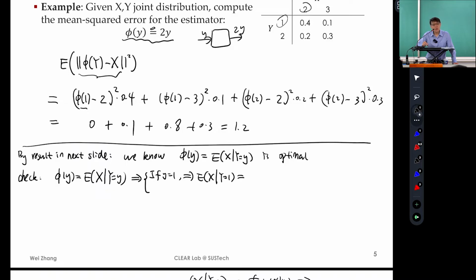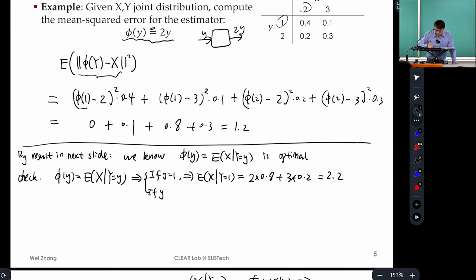It takes value 2 and 3. It takes value 2 with probability 0.4 divided by the whole thing, so it's the relative weight of this in the entire row. So this is 2 times 0.8 plus 3 times 0.2, which will be 2.2.